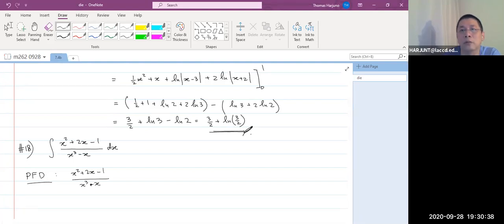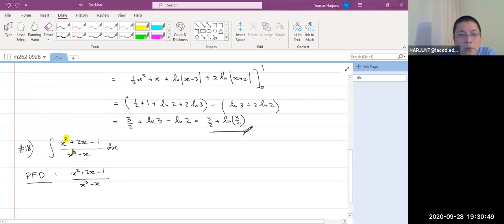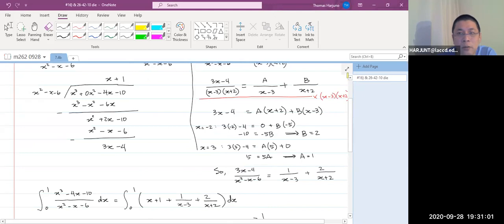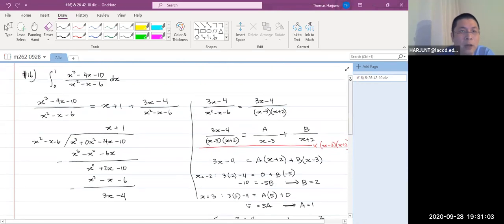And I get a message: how do you know that it's already proper? The degree on the top is less than the degree at the bottom. The degree on the top is 2, the bottom is 3. So it's already proper. If the degree on the top is equal or more than the degree at the bottom, like the one we have above here, then it's improper, therefore we divide it first.